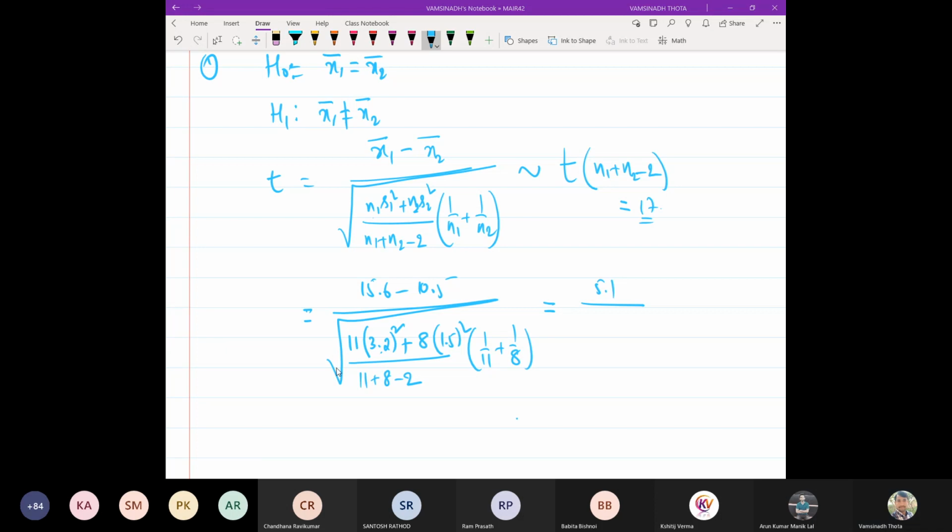5.1 upon 3.95. Total value or the denominator value?